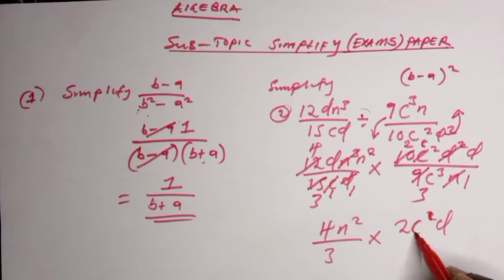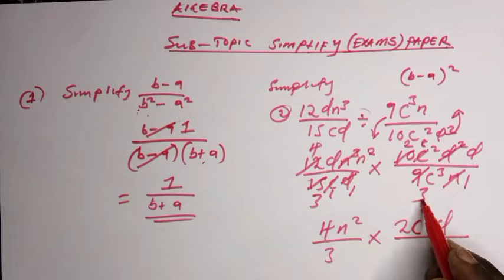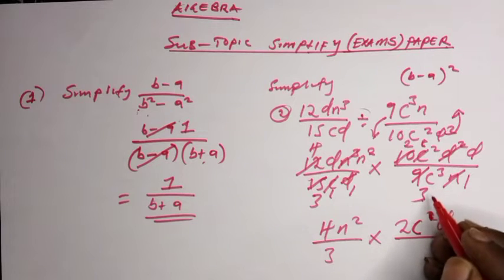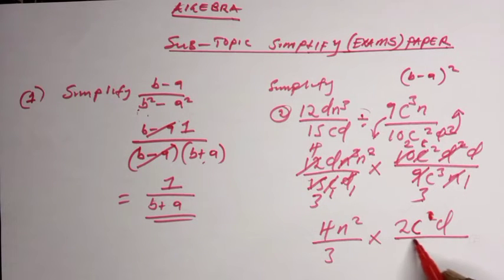We remain with 2cd over 3 times 3 times c power 3.